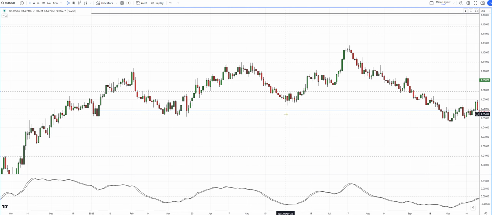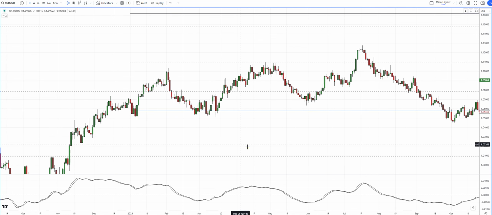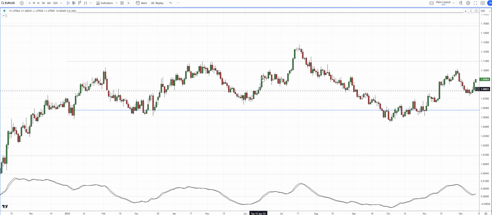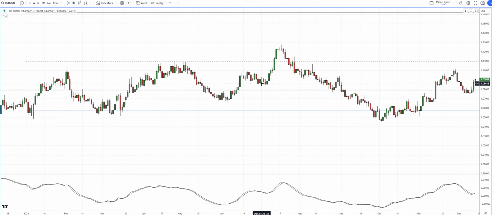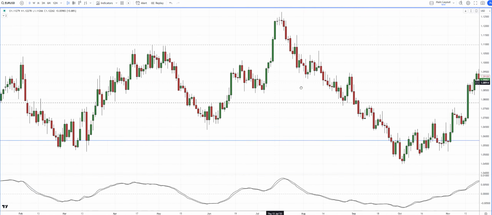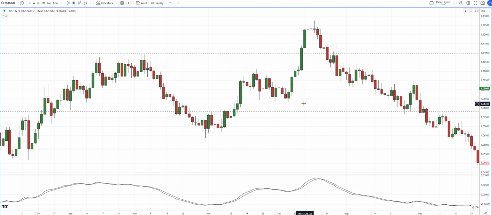I was expecting maybe another test of this long term pivot level, only because if we look back here, we have strong support back here and strong support back here at the beginning of the year. But of course, the market found some support, pulled back, and I was able to get long on this little breakout over here. Which, if you look closely, was categorized as a small falling wedge.